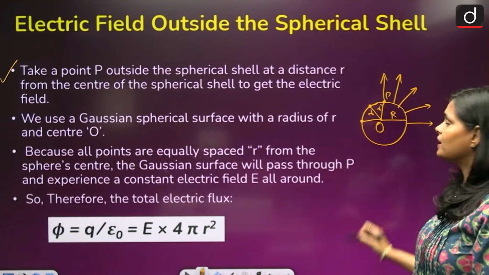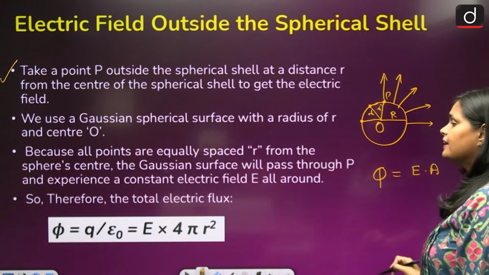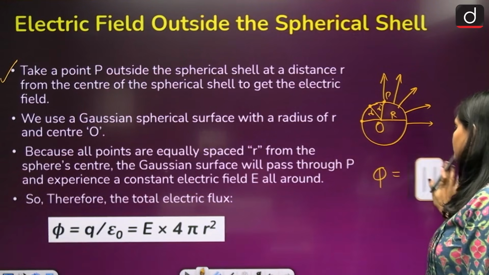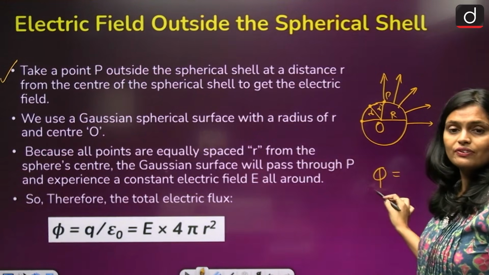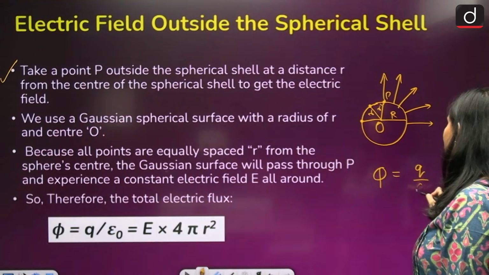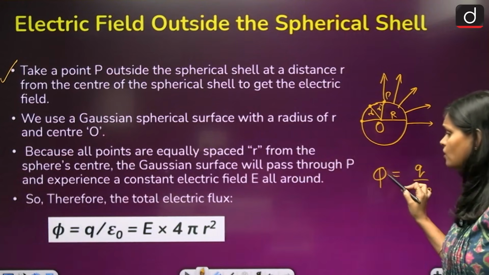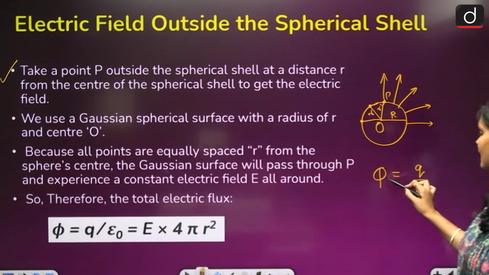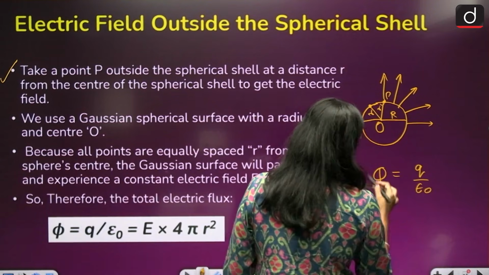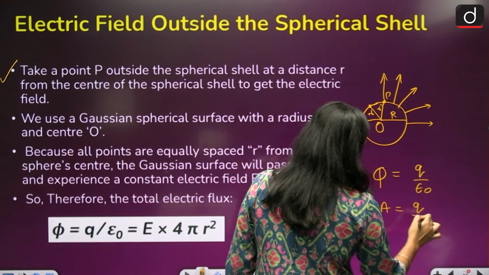So the total electric flux is equal to E into A. According to Gauss's law, the electric flux is equal to Q by epsilon naught only, right? And also you know that electric flux is E dot A equals Q by epsilon naught.